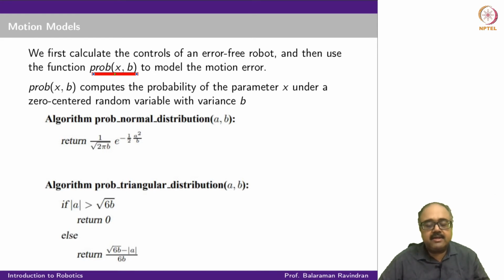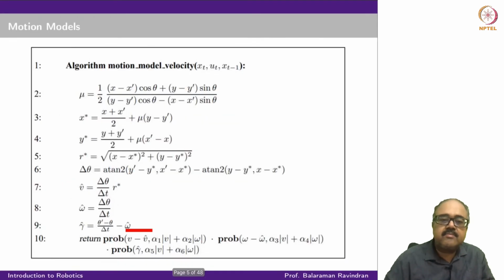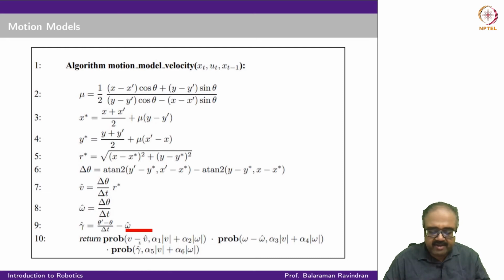So that's what we are looking at. If you think about the various terms that we have modeled here, we have v minus v hat. Remember, ideally v hat should be v, therefore v minus v hat should be 0.